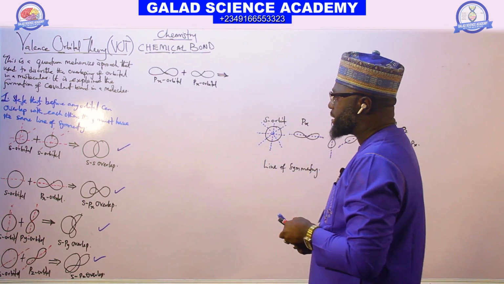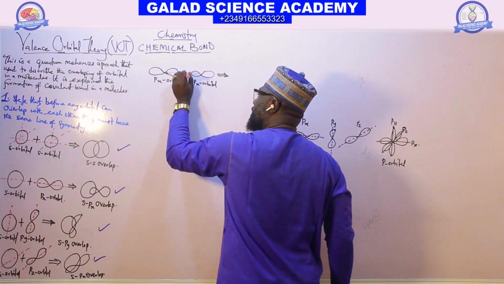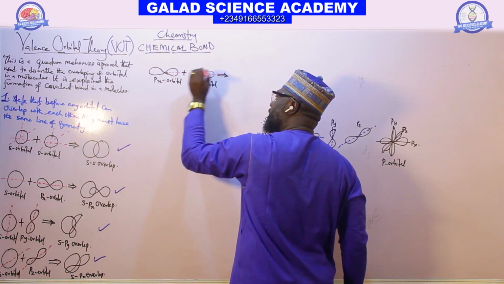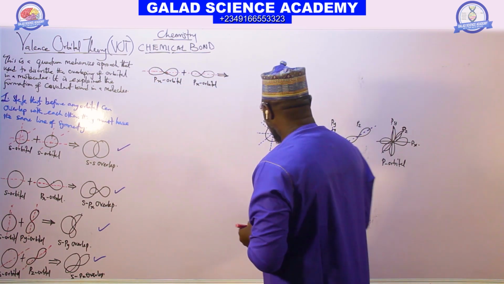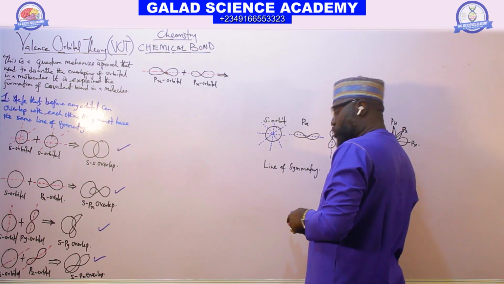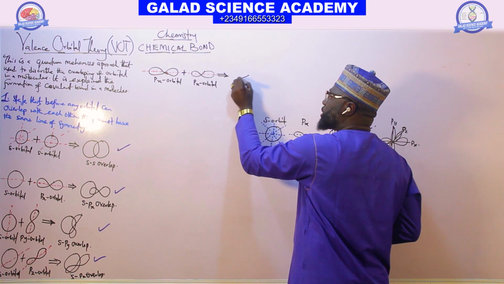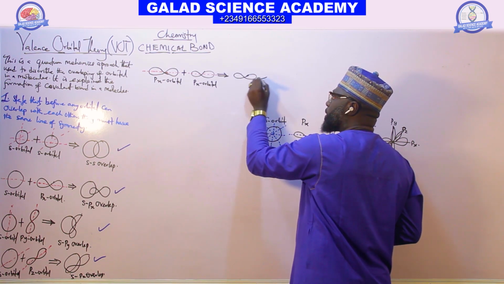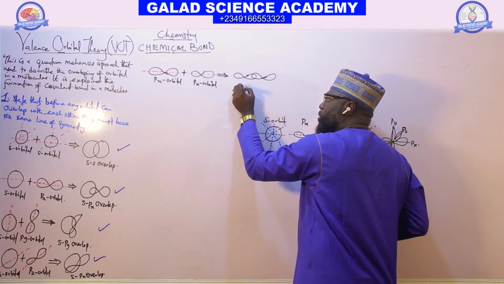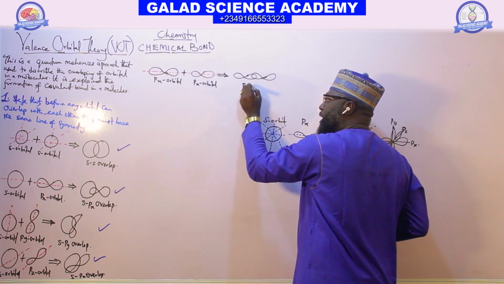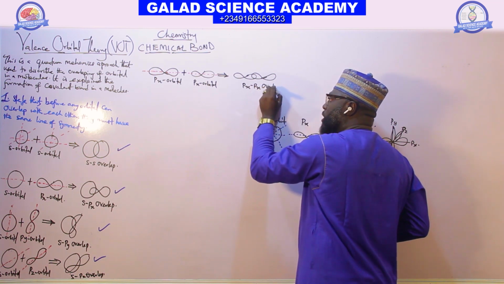Why? Check their line of symmetry. If we continue like this now, we can see that they have the same line of symmetry. The same line divides them into two equal parts. So it can give us this kind of structure. This bond here, we call it Px-Px overlap.